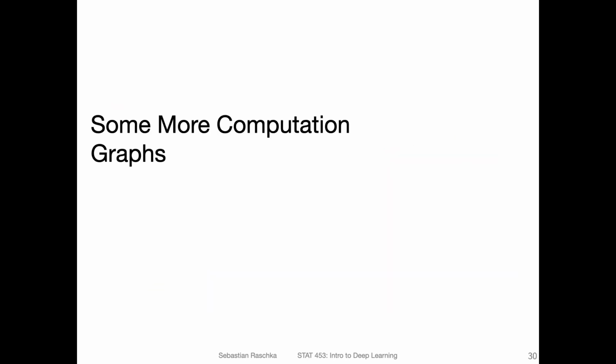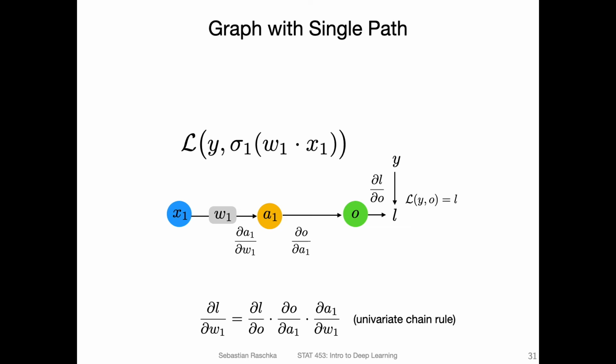Just some more computation graphs that are related to deep learning, to complete this video. So here we have an example of a graph with a single path. You can maybe also think of it as a simple Adaline or logistic regression model, which we will be covering next lecture. The Adaline is maybe simpler when you think of the sigma here as an identity function.